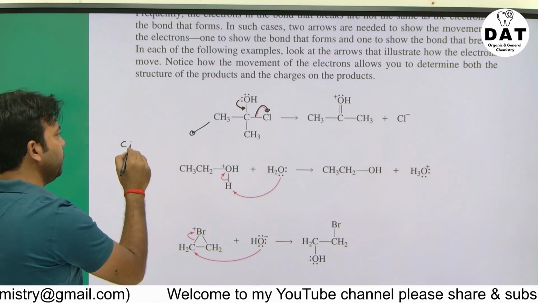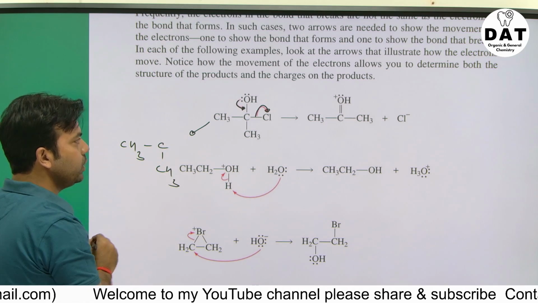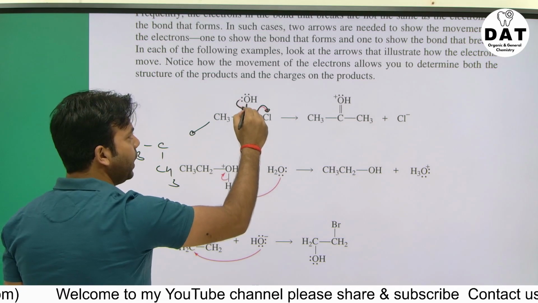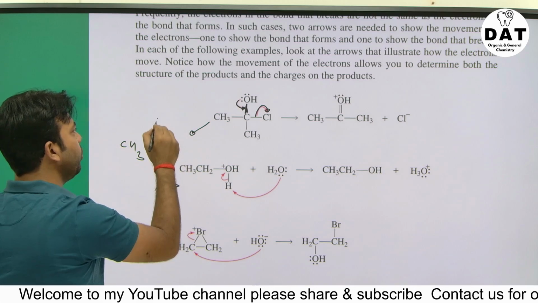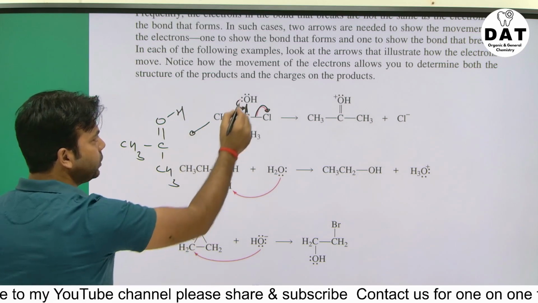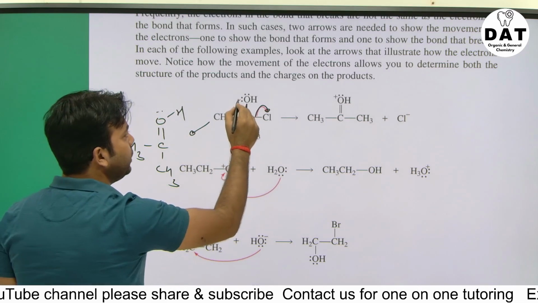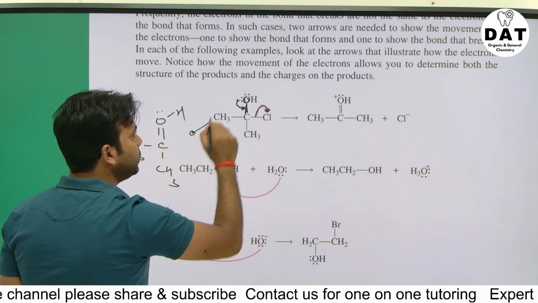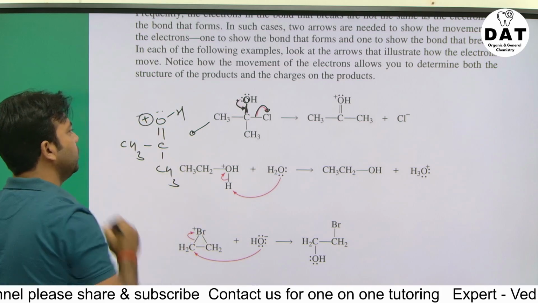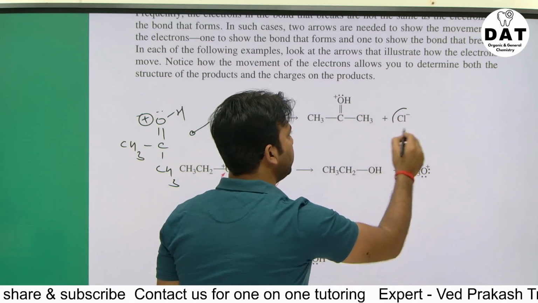CH3, C and CH3, these things are not going to change. This oxygen carbon has an electron, so it will become a double bond to O. Here we have a hydrogen. And this oxygen has two lone pairs, so only one is left after donation. And you know that the tail of the arrow is on oxygen, so this is positively charged like this. And Cl has the head of the arrow after breaking, that's why this is negative.